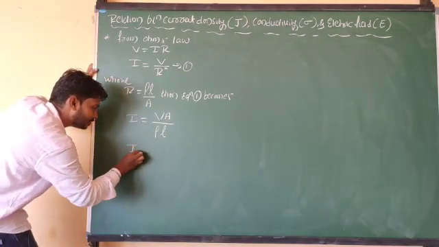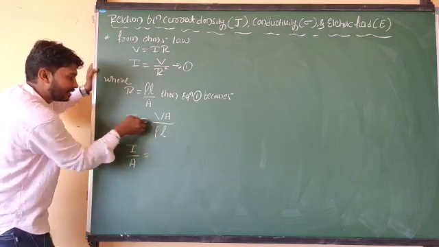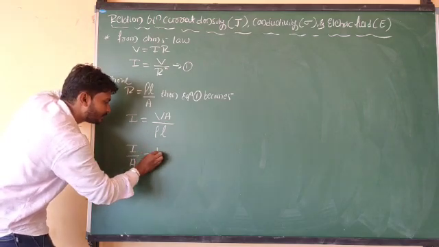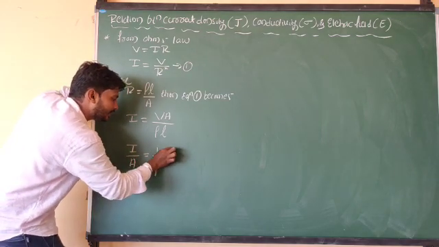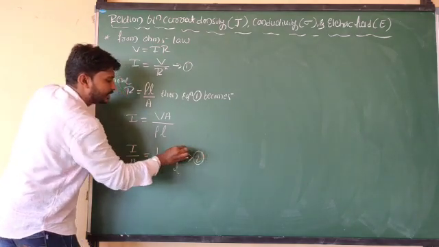So I by A is equal to 1 by rho into V by L. Let me take this as equation 2.